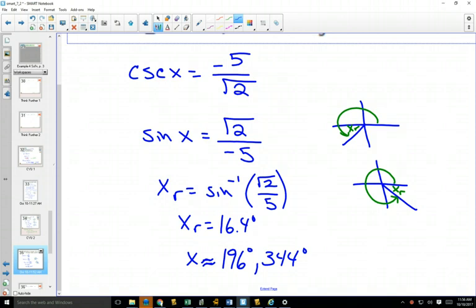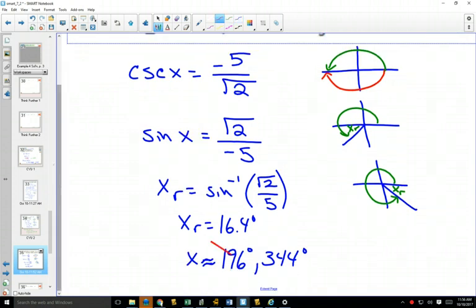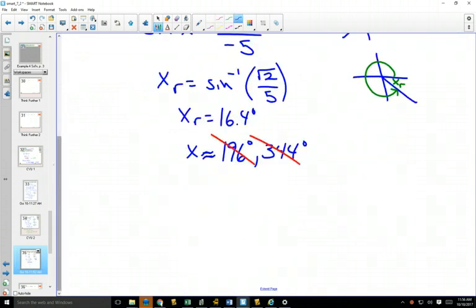What was our actual domain? From negative 180 to 180. So if I think about that, from negative 180 to 180, that would mean negative angles from 0 to negative 180, and positive angles from 0 to 180. Our two answers in quadrant 3 and quadrant 4, we would now have to rewrite them as negative angles.